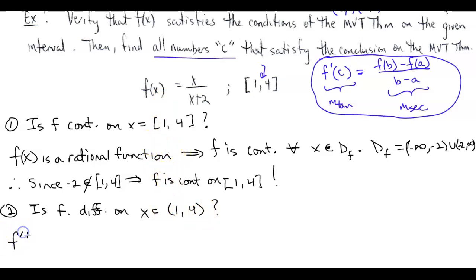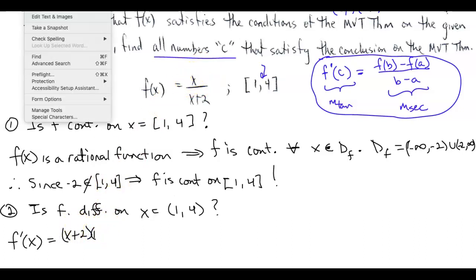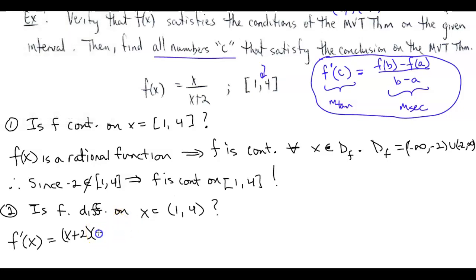So let's go ahead and find out what the derivative of our function here is. Using the quotient rule, we will have low function times derivative of the high function. And of course, derivative of x is 1. Minus high function times derivative of low function. So derivative of x is 1. Derivative of 2 is 0.